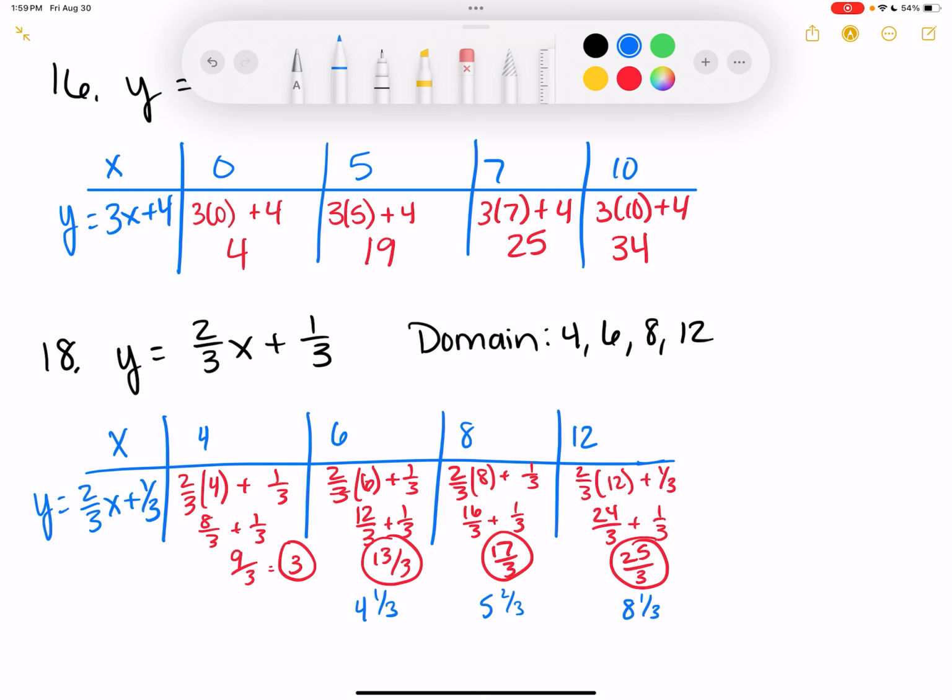What range value did we get for domain 8? 5 and 2/3. What range value did we get for domain 12? I got 8 and a third. It's 8 and 1/3.